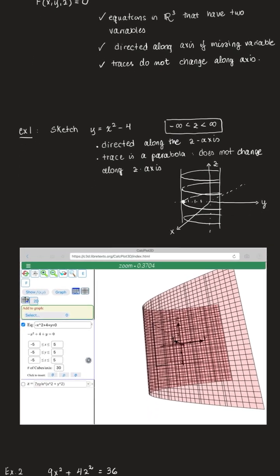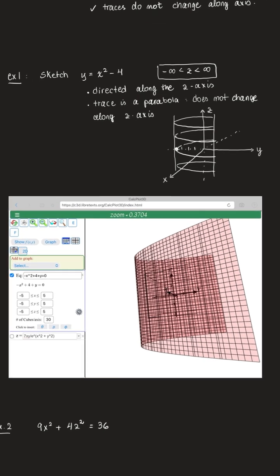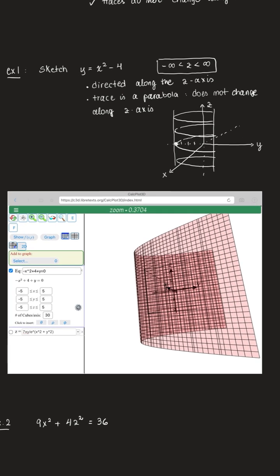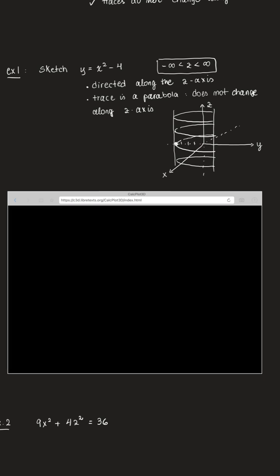I went to Calplot 3D, and you can do the same, and I'm just going to point to a few things. I've entered in the equation here implicitly, so I've moved every variable to the left side and set the equation equal to 0. You can see on the right that we have our graph, and the parabola, I'm going to move it this way. You can see the parabola is on the xy plane, and that trace does not change, so it gets repeated.